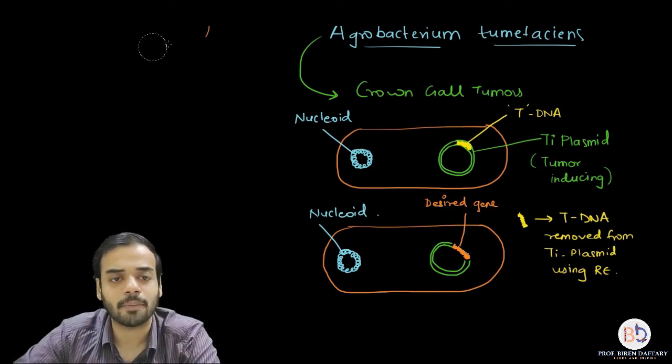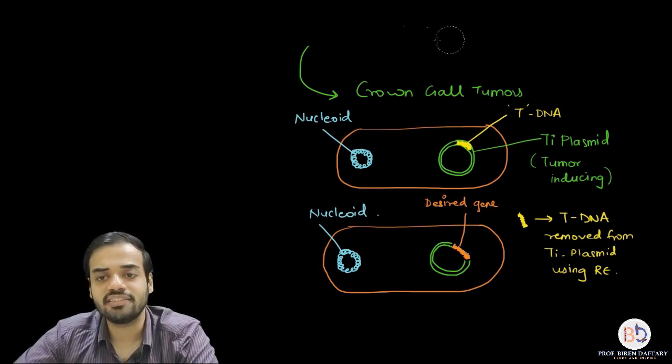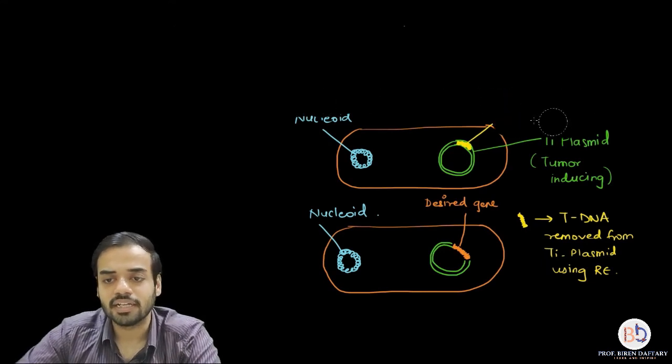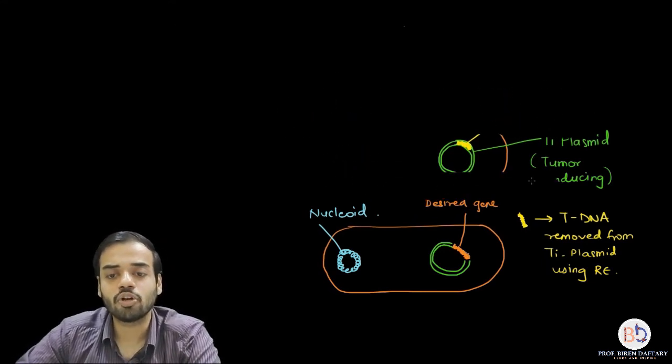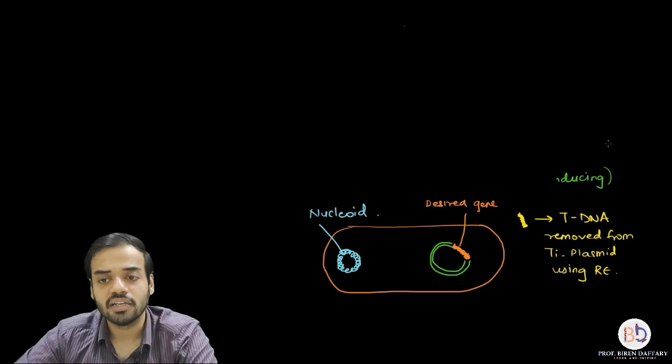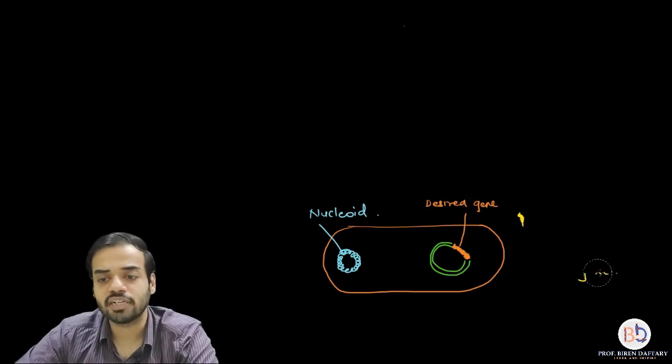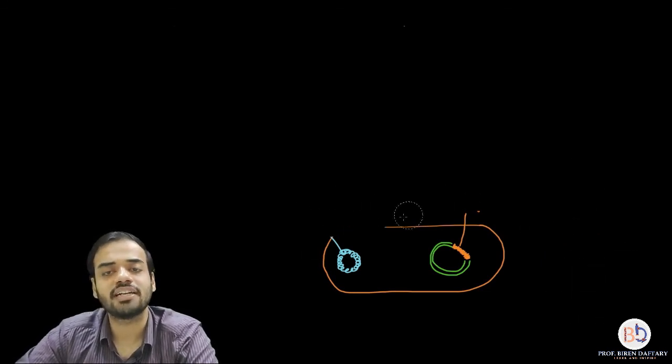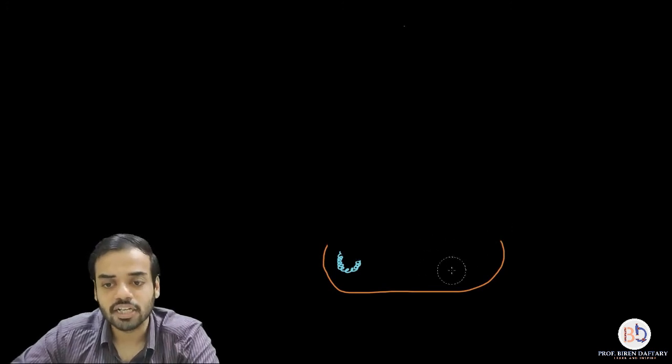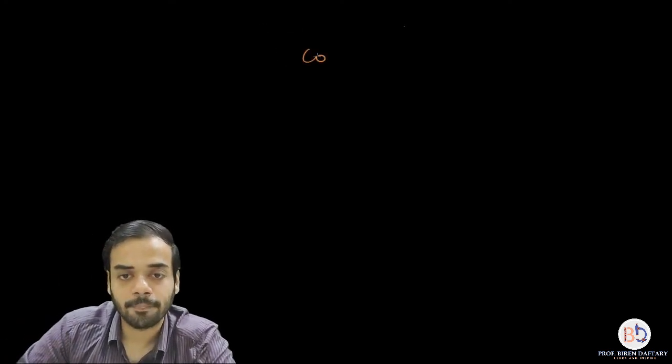Very important part, because all these changes that you want to make, you want to make in the host, right? This required gene which you are inserting finally goes into the host, right? So you want to make changes in the host. So the third requirement is a competent host.